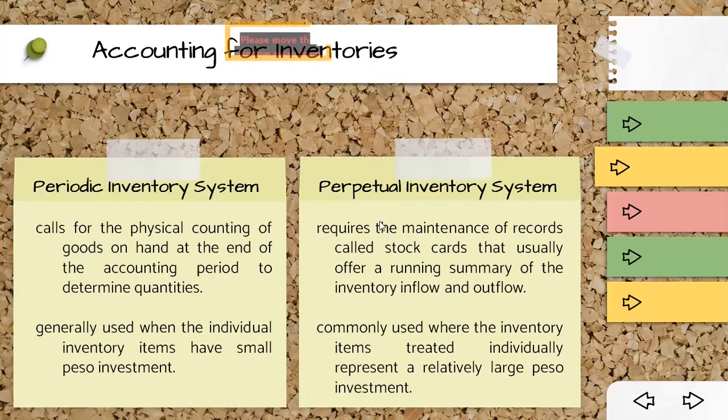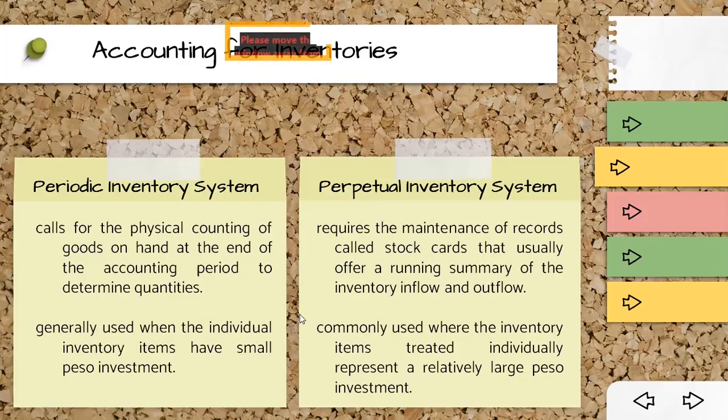Of course, hindi naman nangangahulugan na kapag meron ka ng stock card, hindi ka na magpa-perform ng physical count. Still, you perform physical count at the end of the accounting period to verify whether yung nasa record mo ay nag-reconcile doon sa actual on hand. And what will prevail, of course, ay yung actual na physical count mo. If there are differences, then you have to recognize inventory shortage or overage.